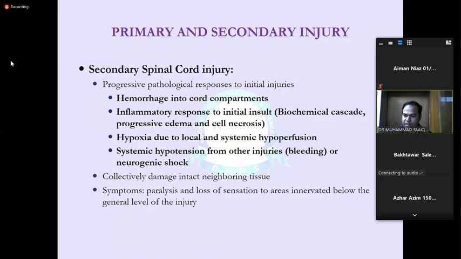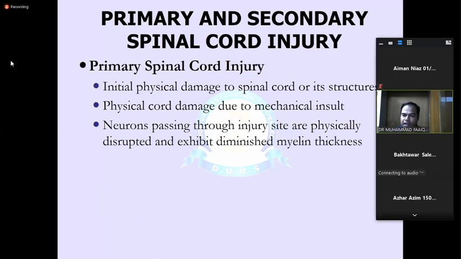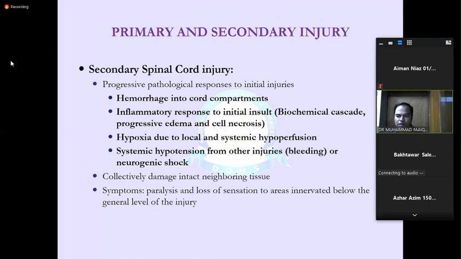So let me explain again. Primary spinal cord injury is because of the primary impact, maybe because of a fall, a road traffic accident, or a firearm injury. But after that, the patient may develop hypotension because of spinal shock, hypoxia, edema, and inflammation within the parenchyma of the spinal cord.